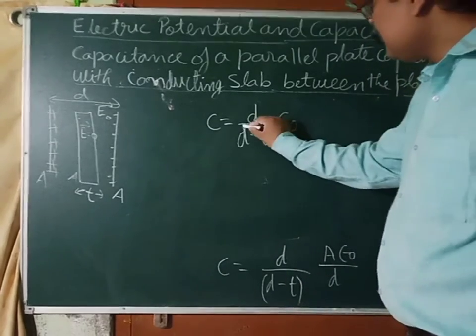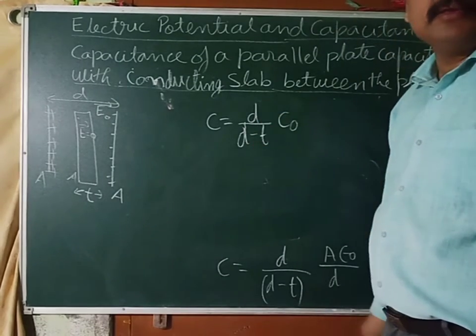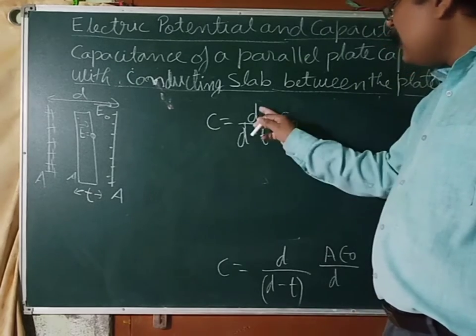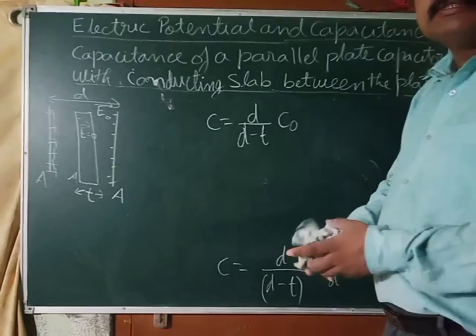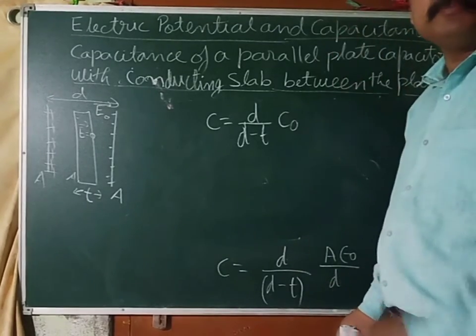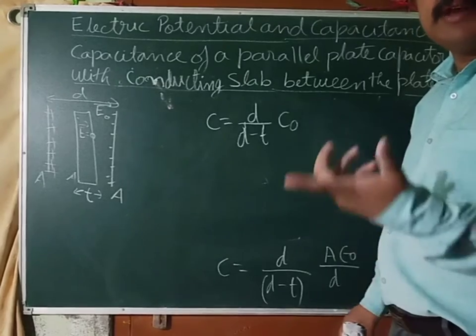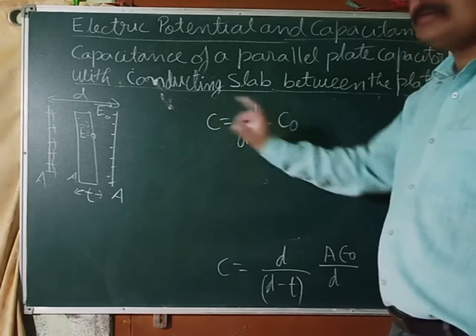Now you tell me, when we divide D by D, it will be 1. And when we are dividing D by a number less than it, because D minus something means less than D, suppose you are dividing 5 by 5 or 10 by 10, how much will you get? 10 by 10 is 1.